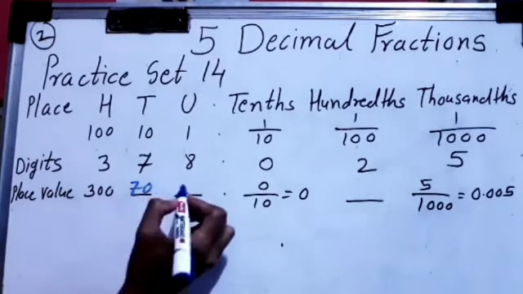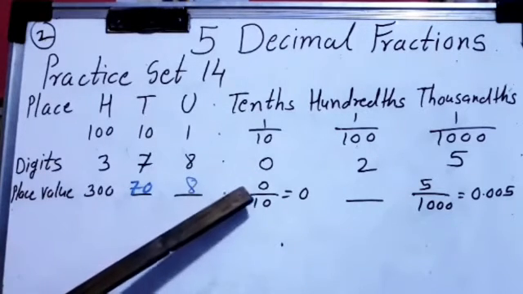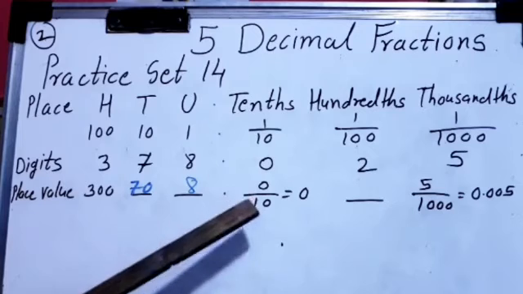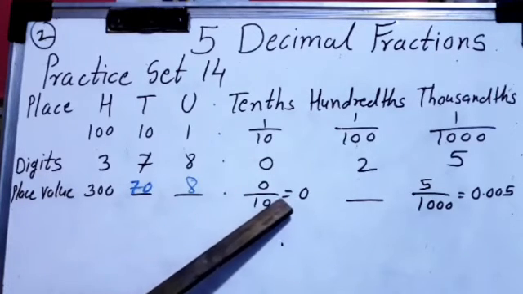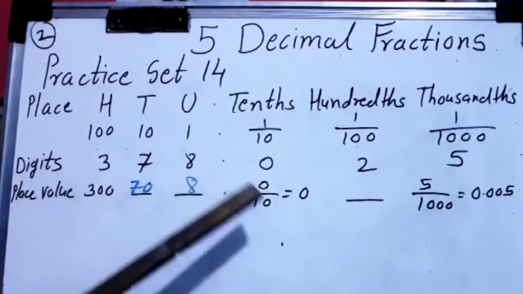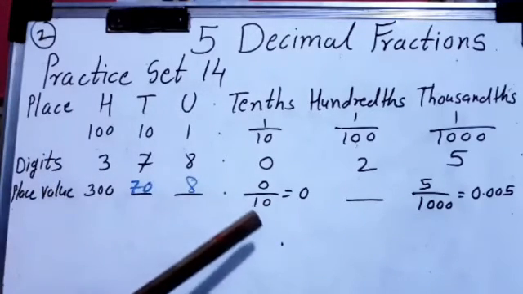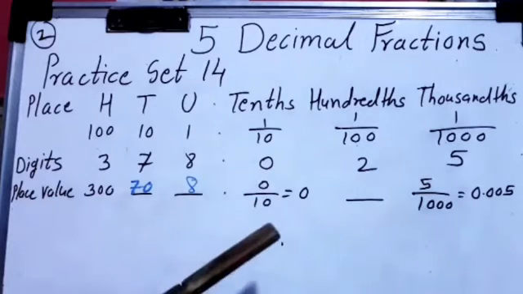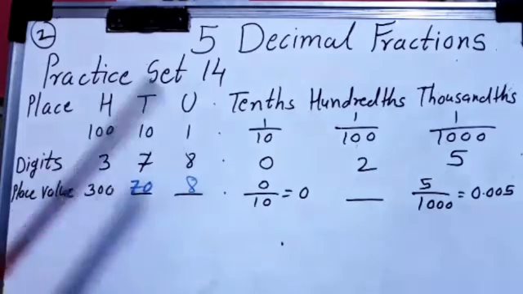And 8 is in the unit place, so its place value will be 8 only, as it is. Then for the 10th place, the digit 0 is given, so in the numerator we put 0, that is 0 upon 10. If you divide 0 by any number, the answer is 0 itself. So whenever 0 is at any place, after the decimal point or before it, the place value of 0 will always be 0. You can write it in the form 0 upon 10, but the final answer will be 0.